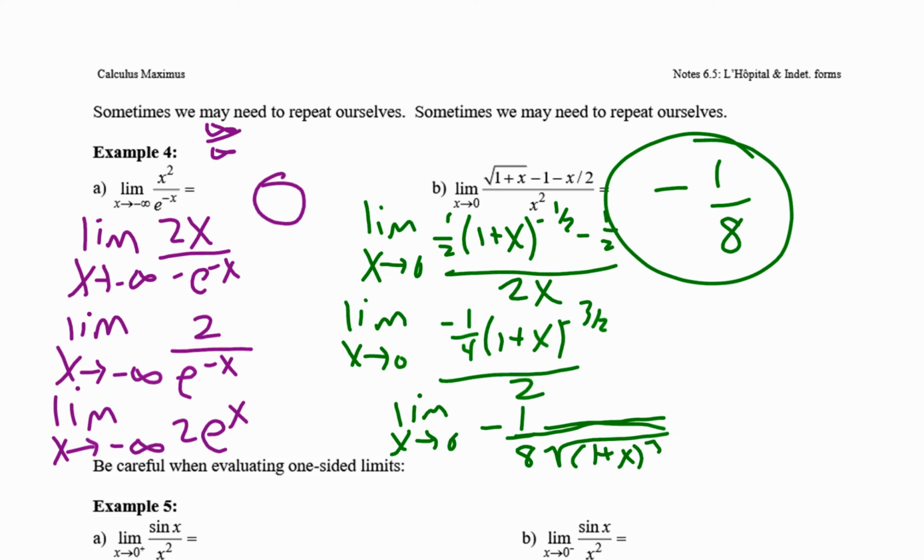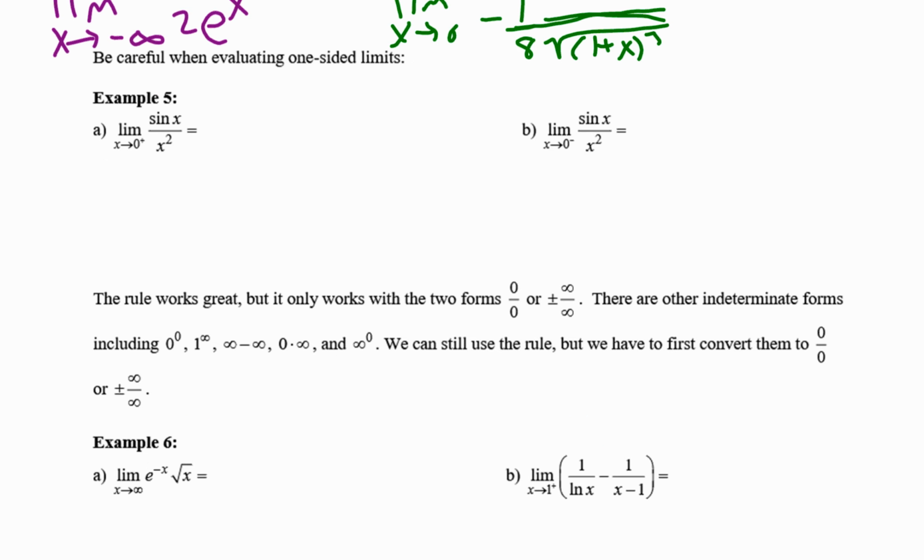All right, so we'll do one last example here. You have to be careful when you evaluate one-sided limits. Let's see, so we have sine of 0 is 0, x squared is 0, so we get 0 over 0, and that's good. Let's try L'Hopital. Derivative of sine is cosine, derivative of x squared is 2x.